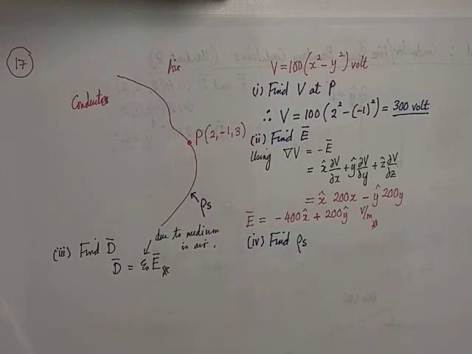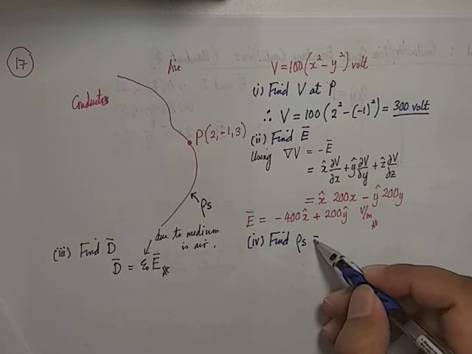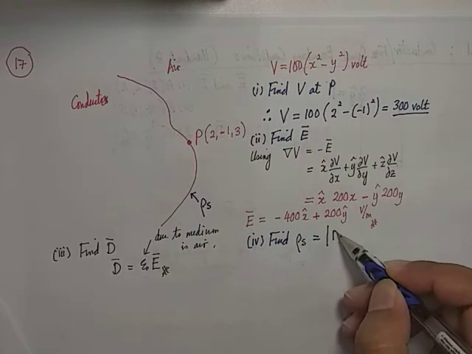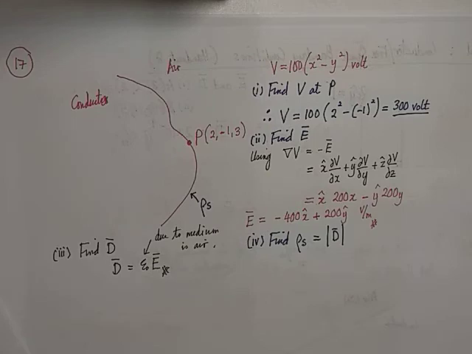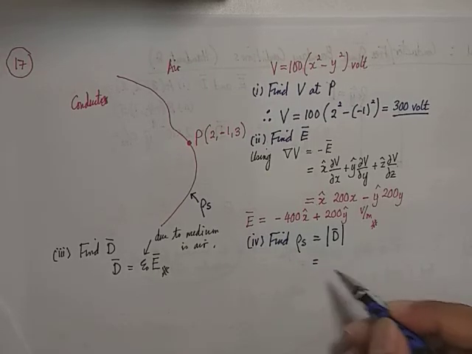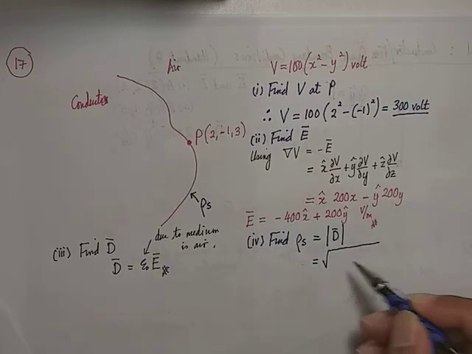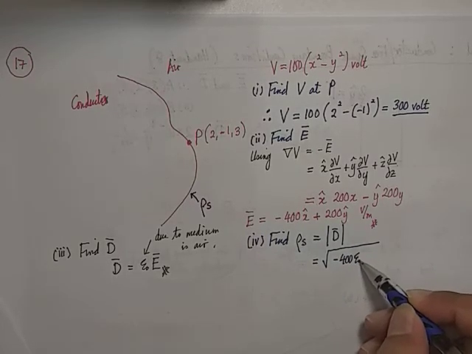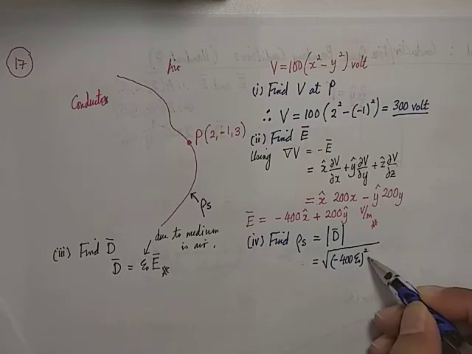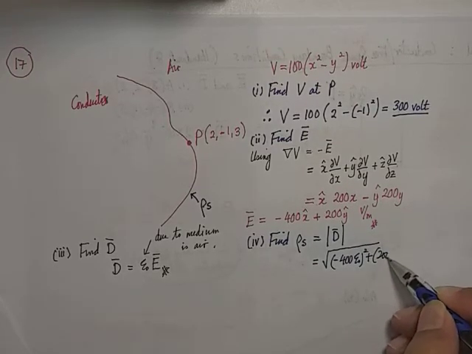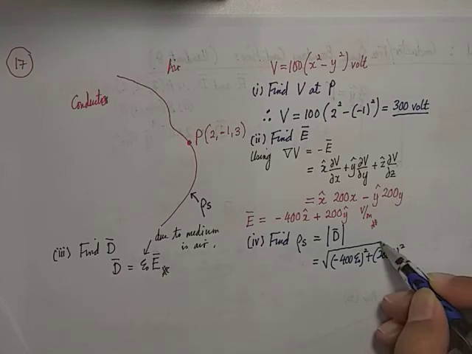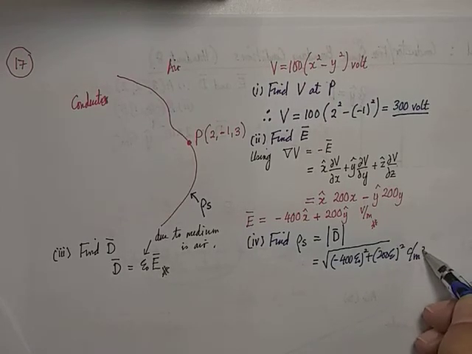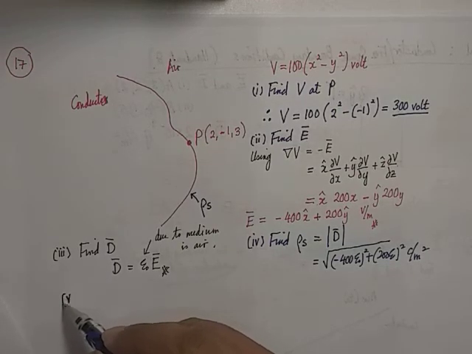Okay, so easy, it should be equal to the magnitude of our D. So it should be equal to the square root of minus 400 epsilon naught squared plus 200 epsilon naught squared, in units of coulomb per meter square. Okay, so that's done.